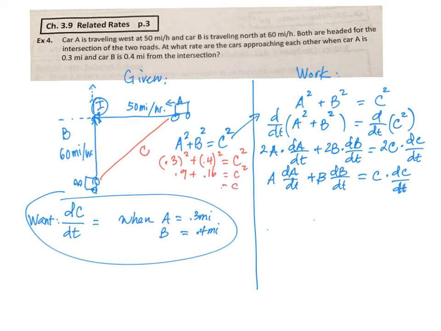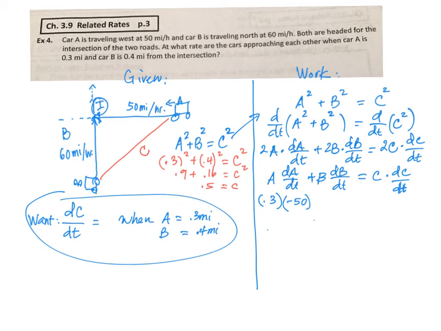C equals 0.5. And it is a Pythagorean triple, 3, 4, 5, or 0.3, 0.4, 0.5. Now we substitute in 0.3 for A. dA/dt is negative 50 because as A approaches the intersection, the distance is decreasing and the derivative is negative. So it's negative 50.